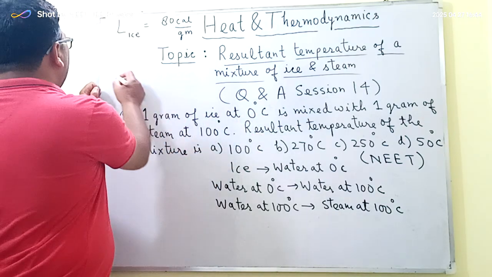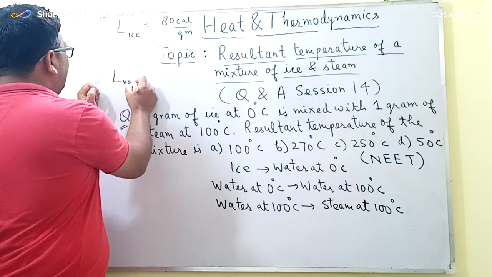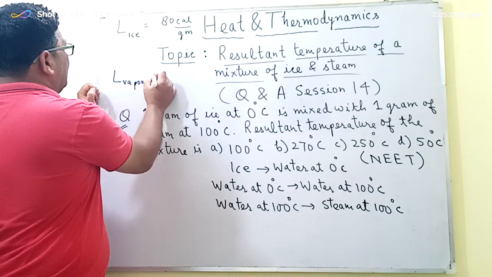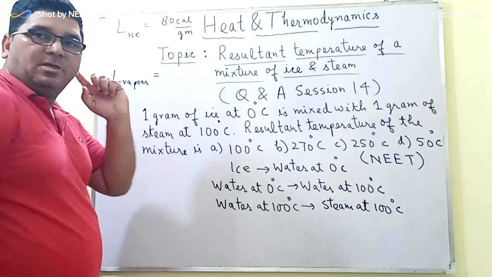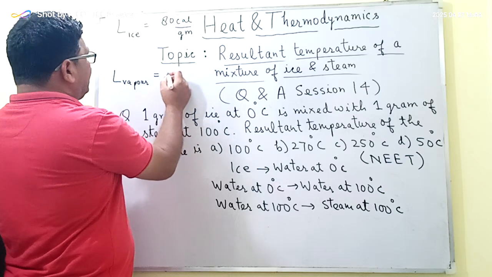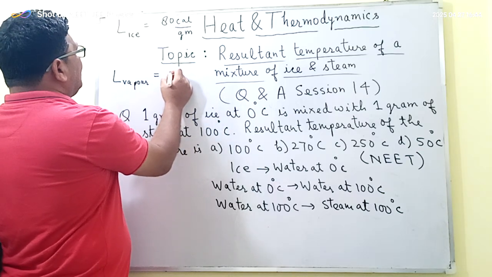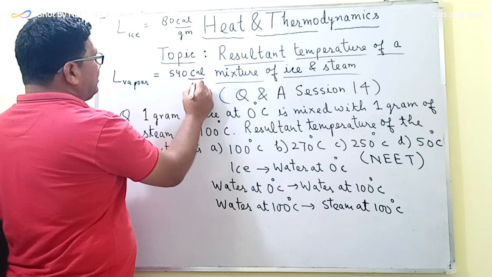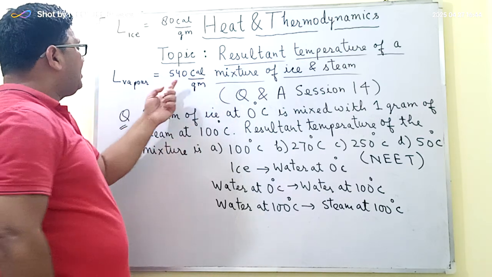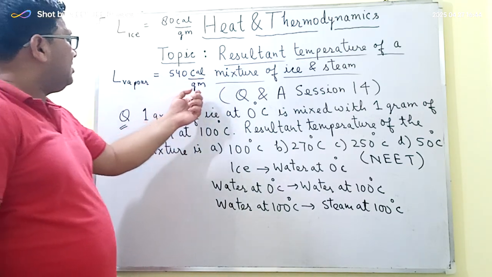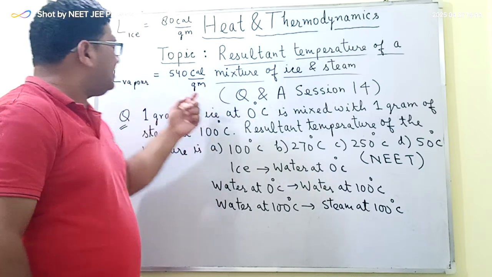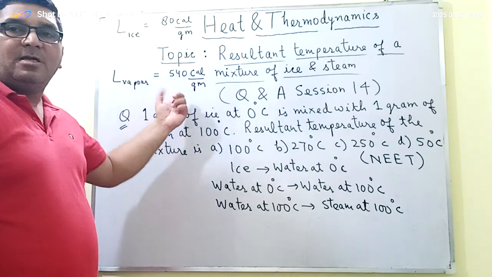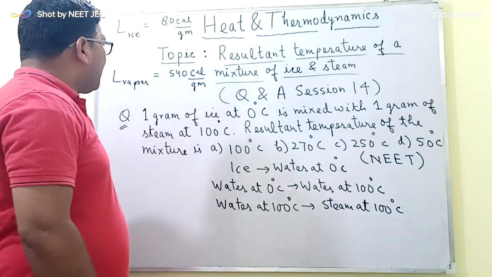And the latent heat of vaporization of the water at 100 degrees centigrade is equal to 540 calories per gram. That is, if I give 540 calories of heat energy to the water at 100 degrees centigrade, then it will get converted into steam at the same temperature.